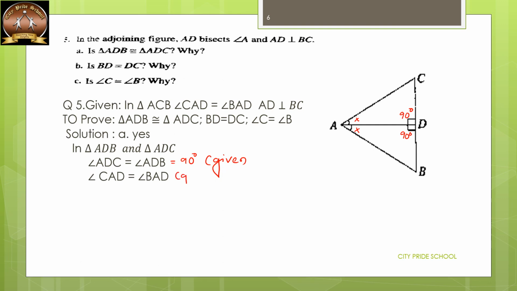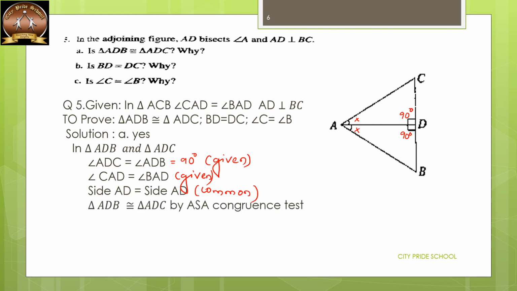This also is given in the question. And next, side AD is equal to side AD because it is a common side between the two triangles. So now triangle ADB will be congruent to triangle ADC by the ASA congruence test. So this is the answer to our first question.